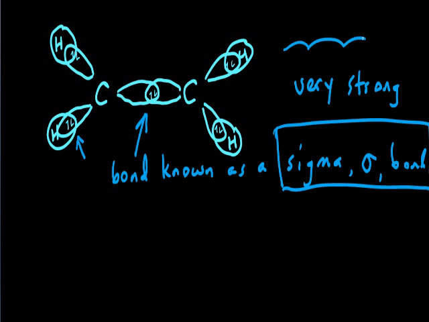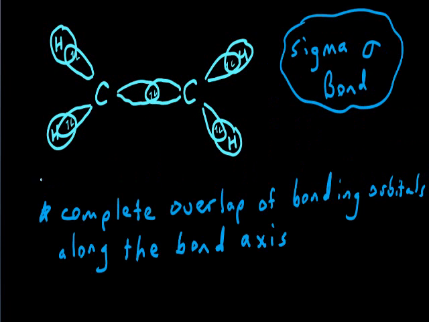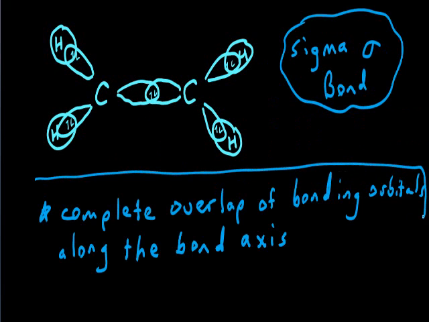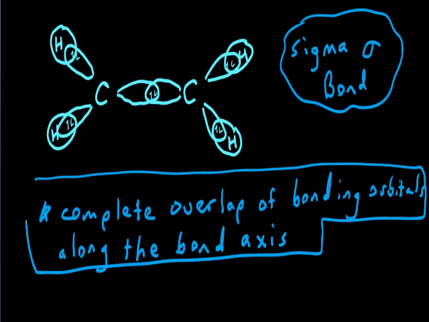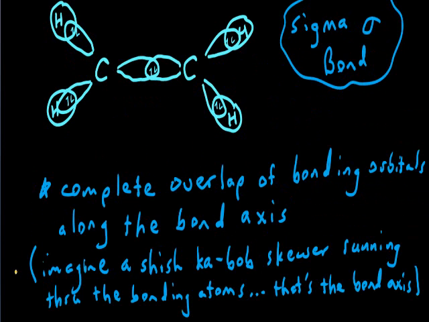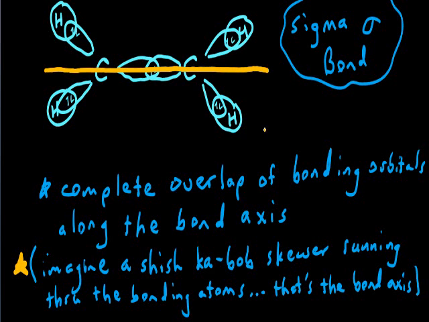This type of covalent bond is a very strong type of bond for a couple reasons. One reason is we have complete overlap of the bonding orbitals along what's called the bond axis. For the bond axis, just imagine a shish kebab skewer running through both atoms that are bonded together. That would be what we refer to as the bond axis.